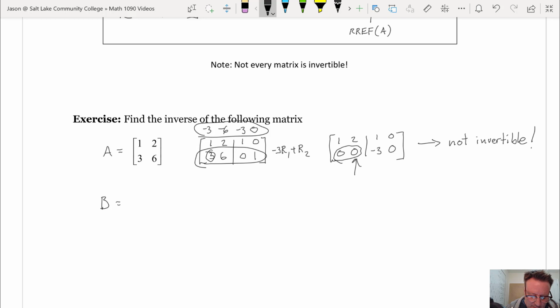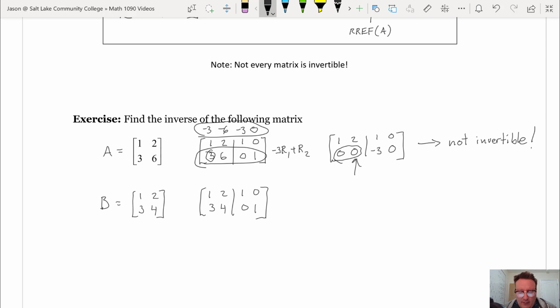We'll call this matrix B, and let's keep it simple: the matrix containing 1, 2, 3, 4. I happen to know this matrix is invertible, so we won't fail on this one. So let's go through the process. First step is to augment our matrix with the 2 by 2 identity matrix.